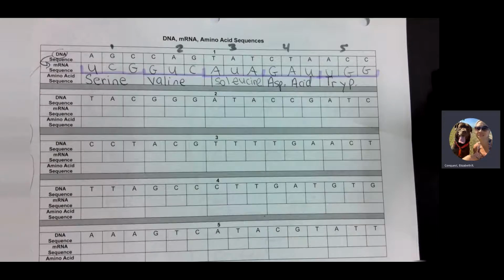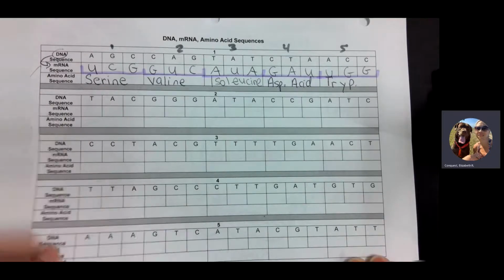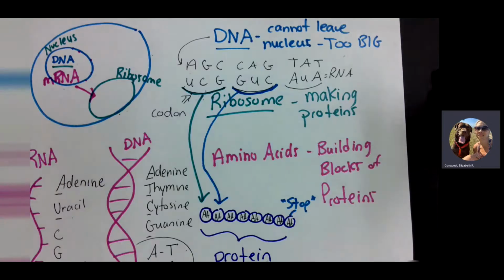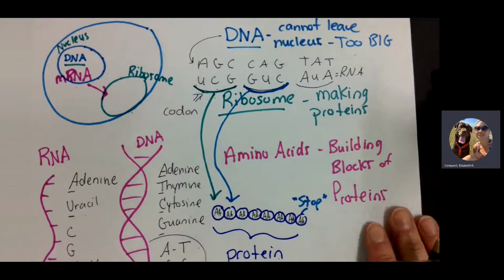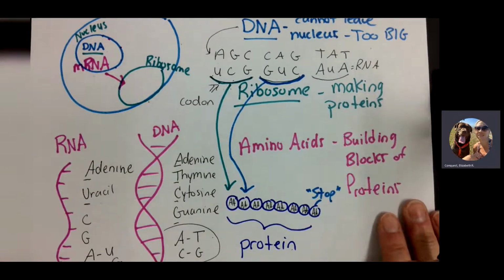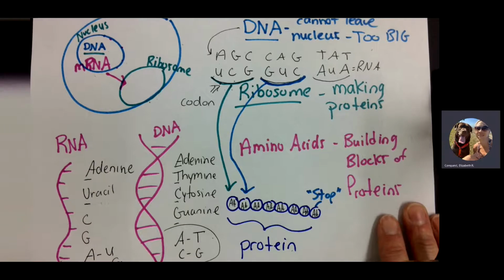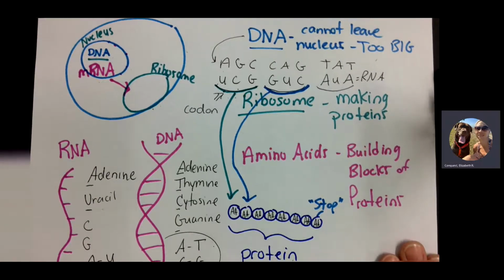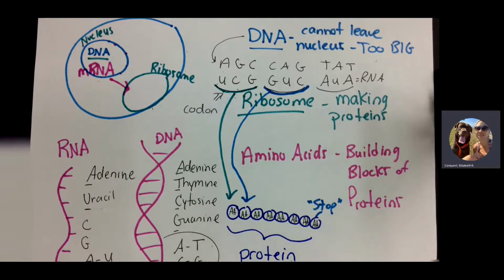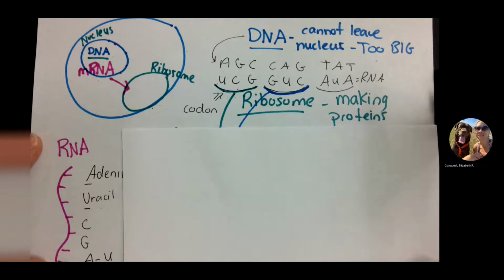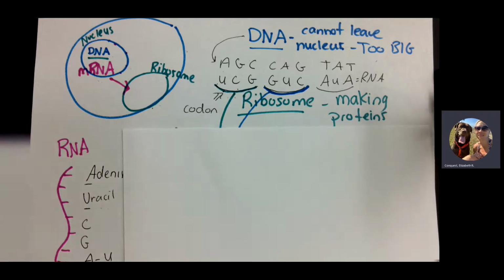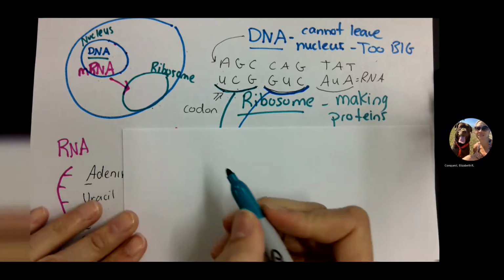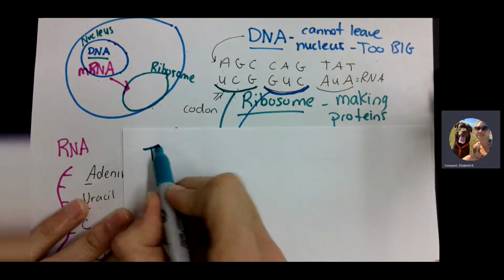All right, a couple of things I just want to add to this lesson is we have to learn 2 new vocab words. All right, so what I'm going to do is get a new piece of paper, but you can feel free to write on your own piece of paper. I just ran out of room. All right, first term is called transcription.